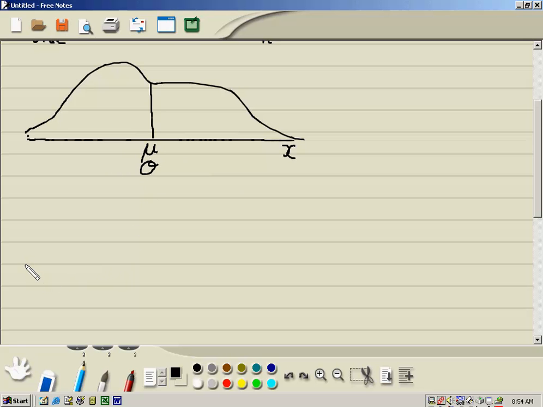And now hypothesis testing. We don't know where mu or sigma are, so what we do is we use sample information.